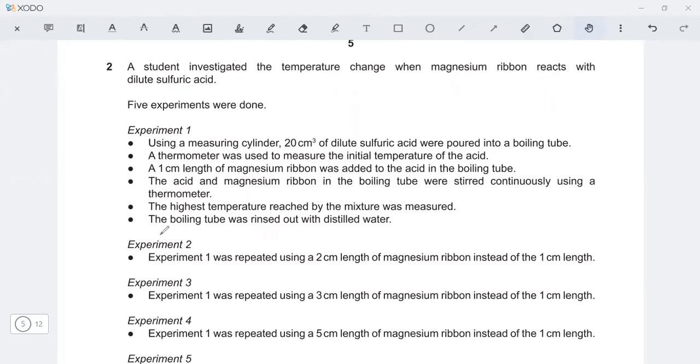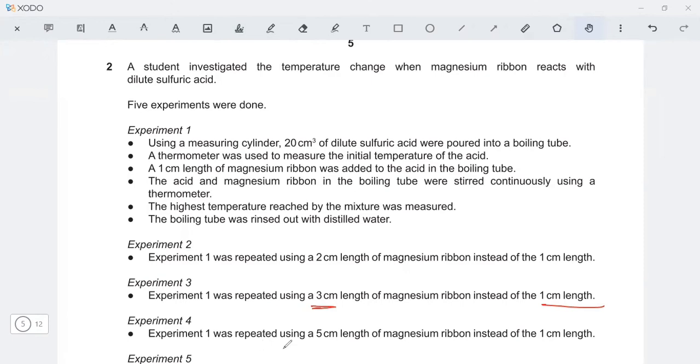Then let me move on to experiment 2. The experiment was repeated using a 2 cm length of magnesium ribbon instead of 1 cm length. Experiment 3 was the same with a 3 cm length.